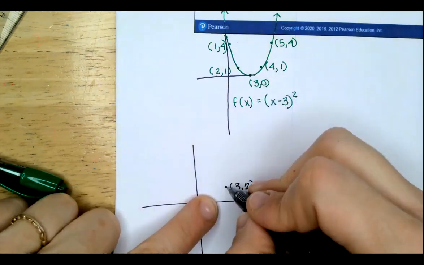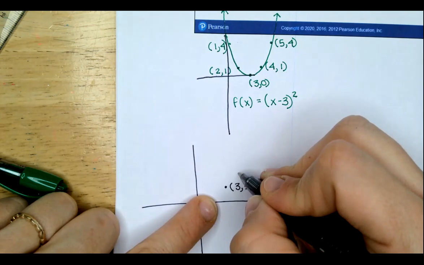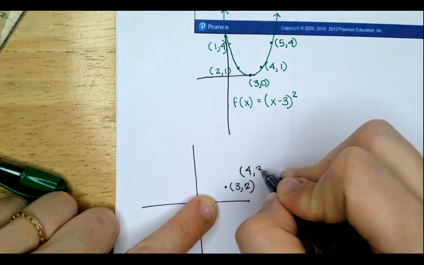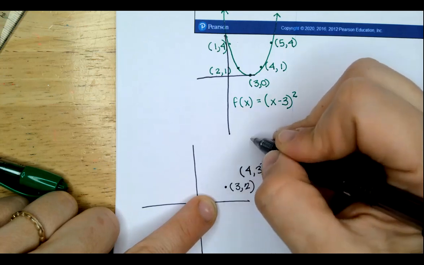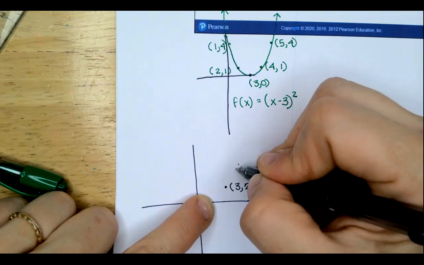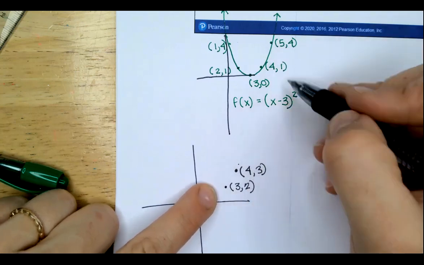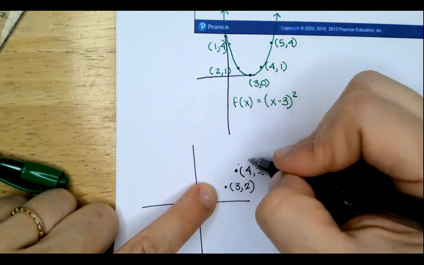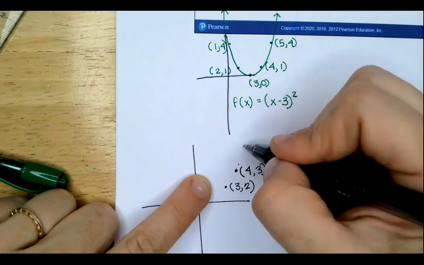Instead of 4, 1, we keep it at 4, but this is going to be called 4, 3. Instead of 5, 4, we're adding 2, so it's going to become 5, 6.